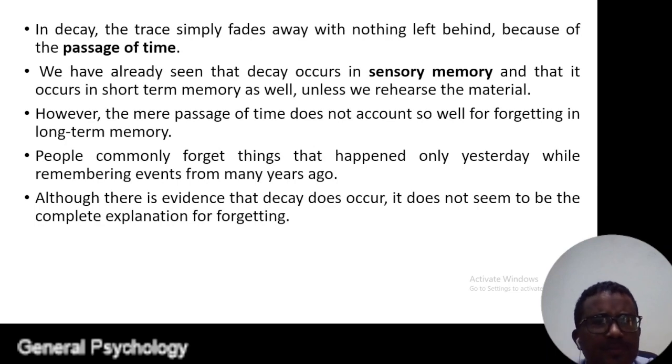We have already seen why decay occurs in the sensory memory, and that it occurs in the short-term memory as well, unless we rehearse the material. If we rehearse the material again and again, information will go to the long-term memory.